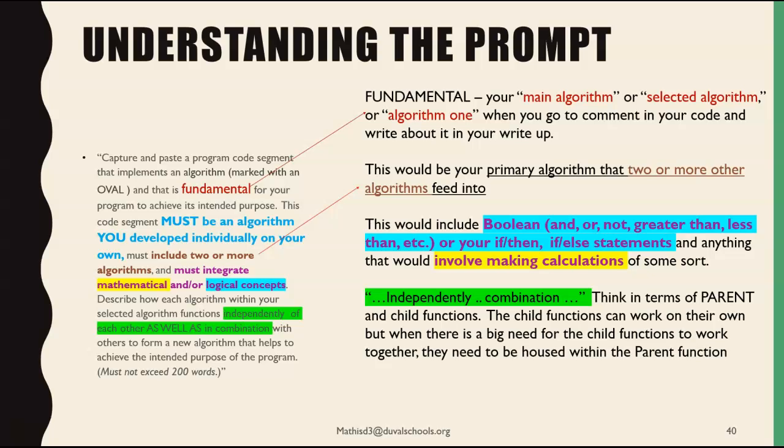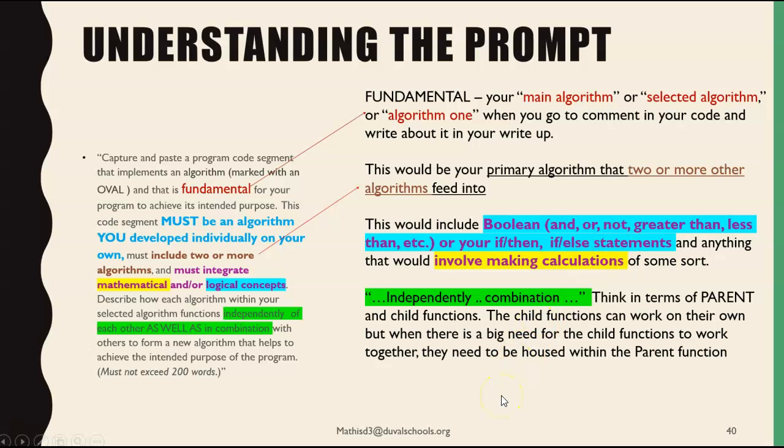It must include 2 or more algorithms. So you've got to have 2 or more that feed into each other, but they can also work independently. They must integrate mathematical, so something involving calculations, or logical concepts like Boolean type things and if-else statements, that type of thing.